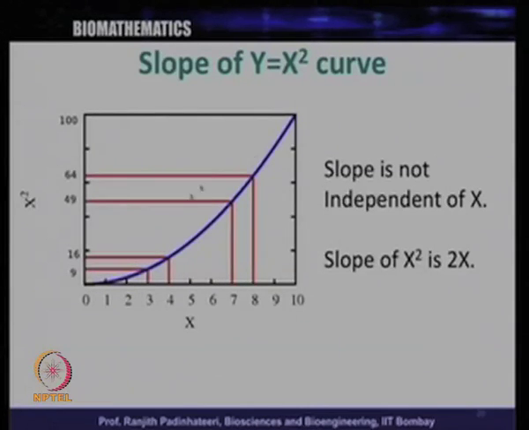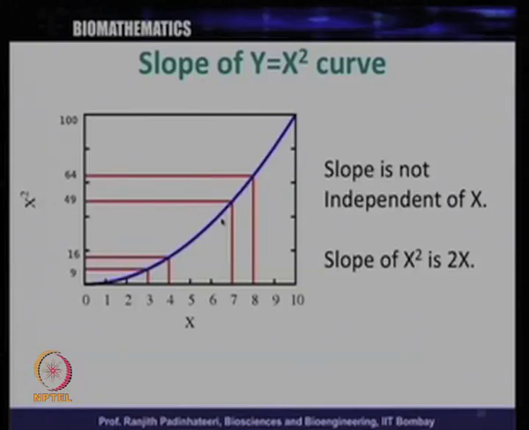In other words, the slope here is larger. The slope here is 15 as we saw, and the slope here is just 7. So the slope of the y equal to x square curve increases with x.